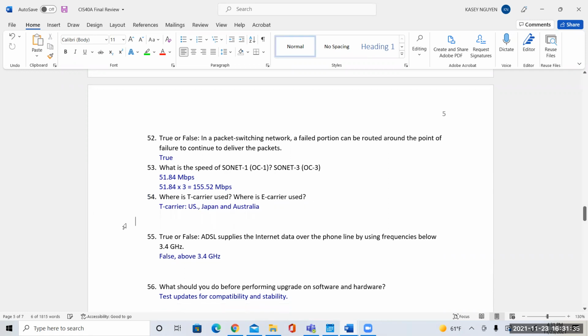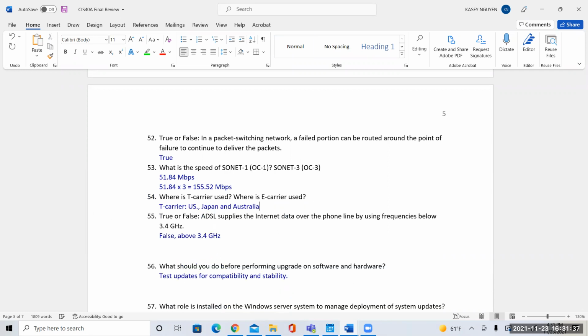55, true or false? ADSL supplies the internet data over the phone line using frequencies below 3.4 kilohertz. False, it's actually above 3.4 kilohertz. So there's SDSL and ADSL, right? Synchronous and asynchronous.